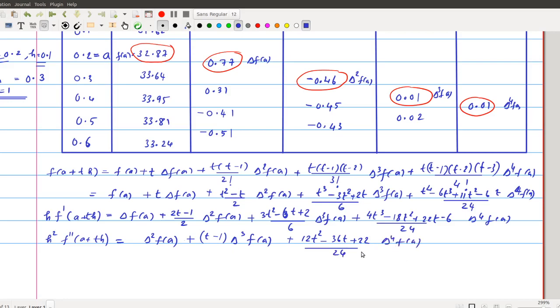Okay, so these are the formulas. If you are remembering this formula, you can directly write it. Now you substitute for the values.